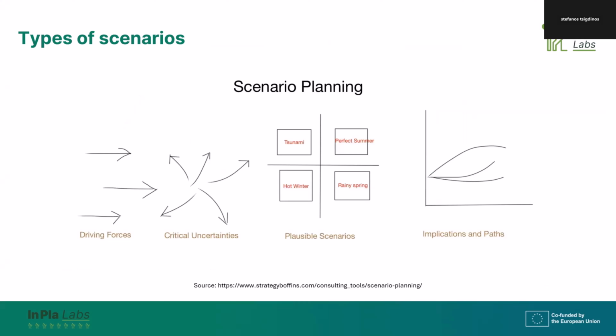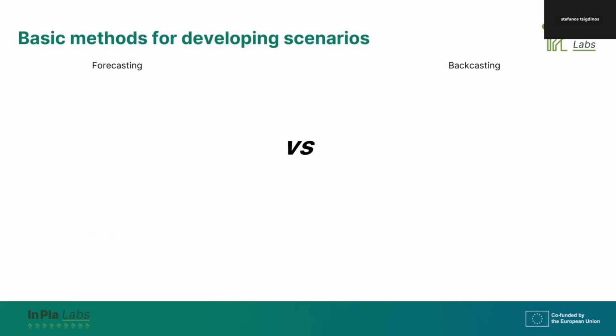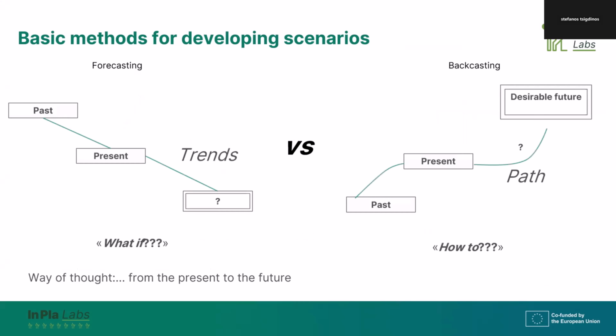So these are some steps to visualize the future. And I'm gonna show you the two more important approaches. The first one is forecasting, which is getting to the future, to prospective studies, what if, or how we see the future. This is the forecast, and it's mainly quantitative.